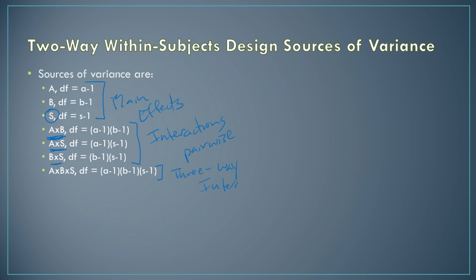And so this is where these two-way within subject designs get very complicated, and you usually do not go beyond a two-way within subjects design. Because for a between subjects design, you have to have three factors to be able to get to this three-way interaction. But you automatically get this three-way interaction with a within subjects two-way design because you also have to take into consideration the variance of the subjects.